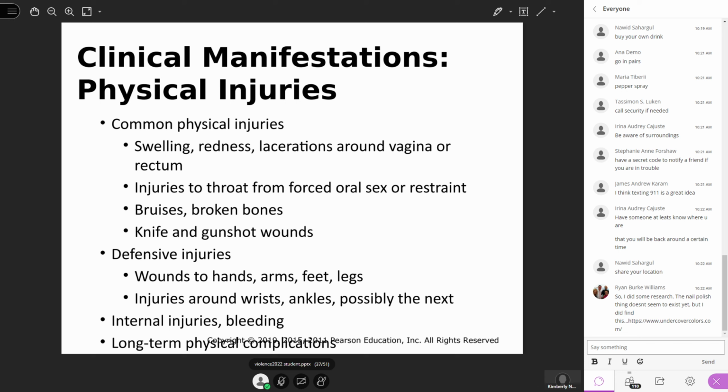So we have to make sure that their physical injuries are treated first. Sometimes we will see defensive wounds because the person is fighting back, right? And even if we don't see any overt bleeding, the person can still have internal bleeding that will arise.